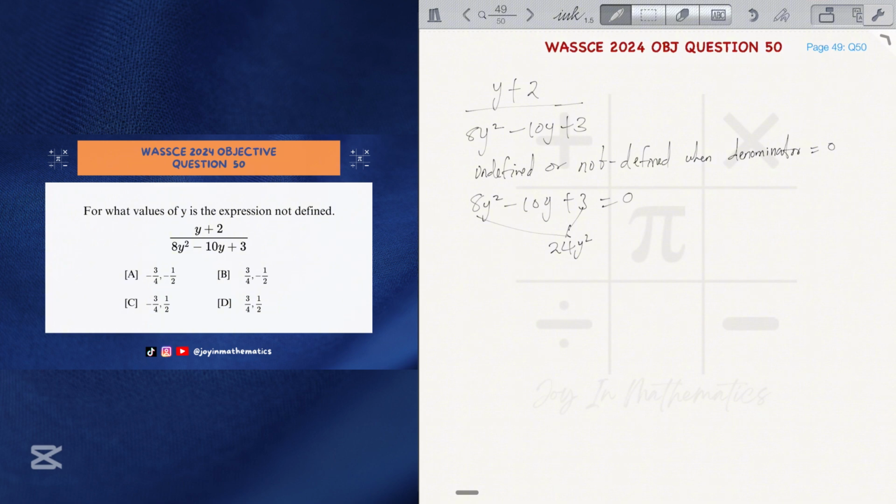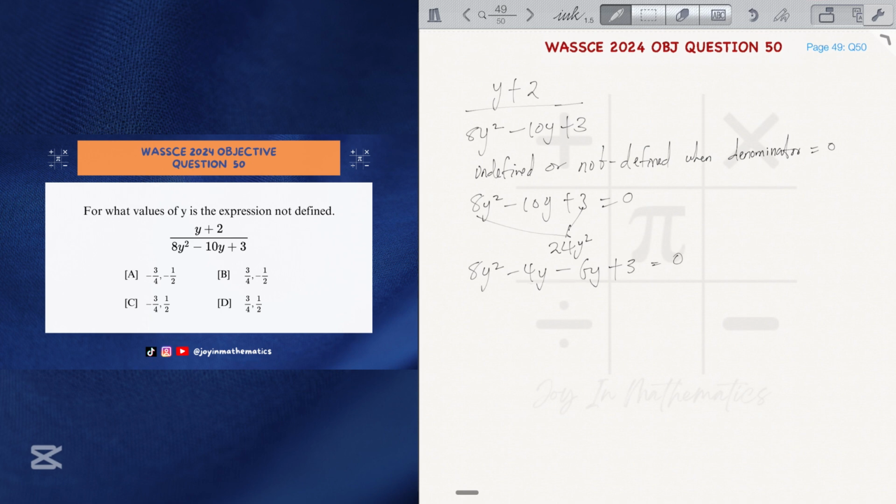So those two values will be minus 4y and minus 6y. So we'll have 8y squared minus 4y minus 6y plus 3 equal to 0. When we add these two together, we will have minus 10, and when we multiply minus 4 and minus 6 together, we will have 24.